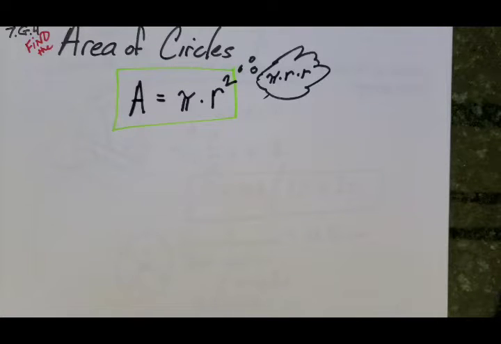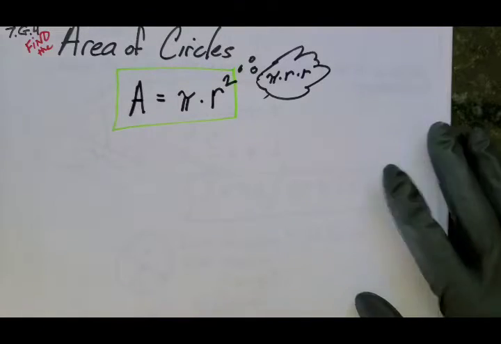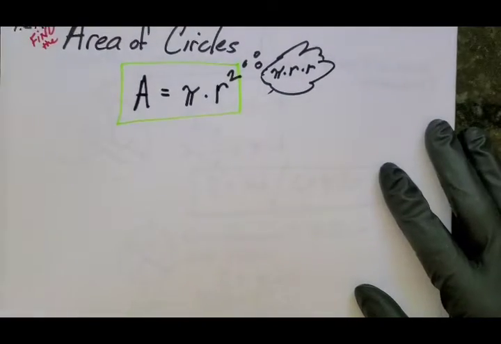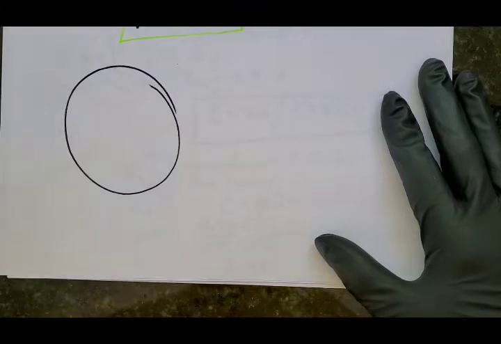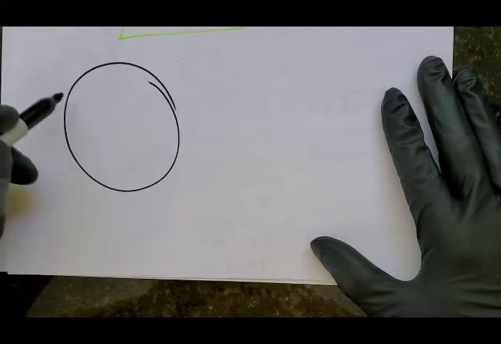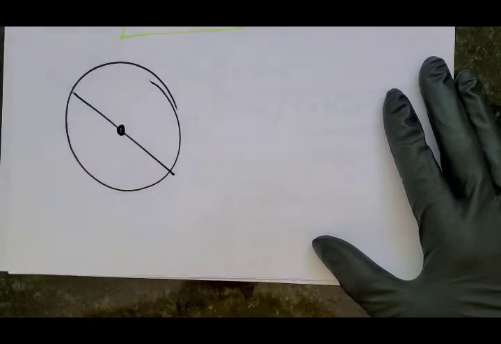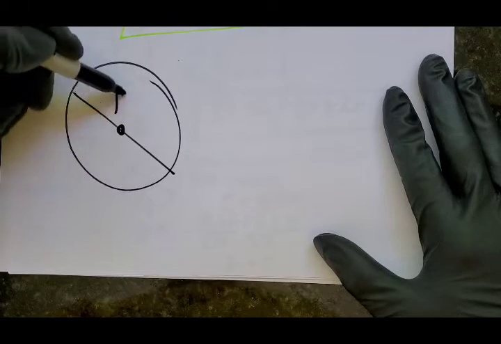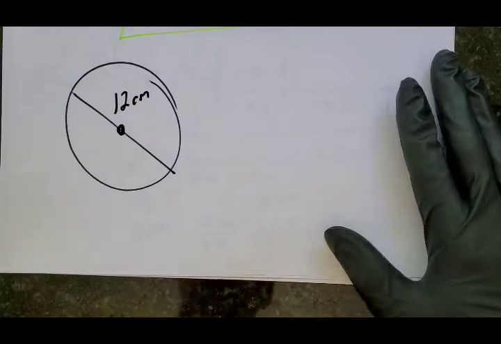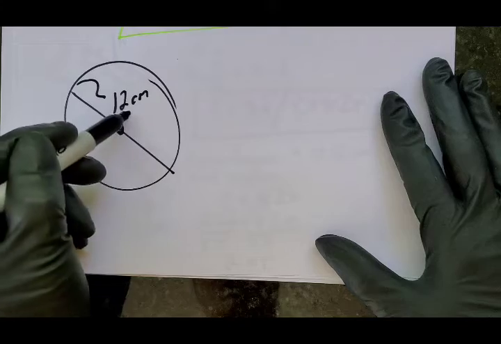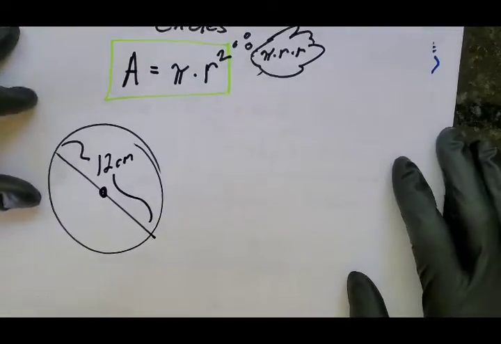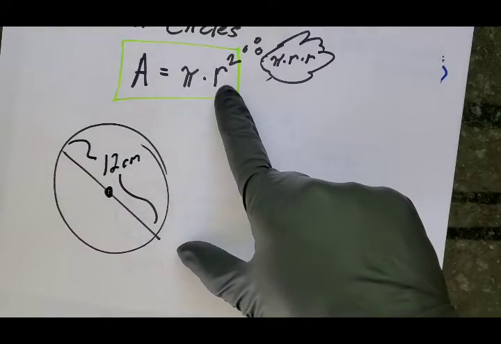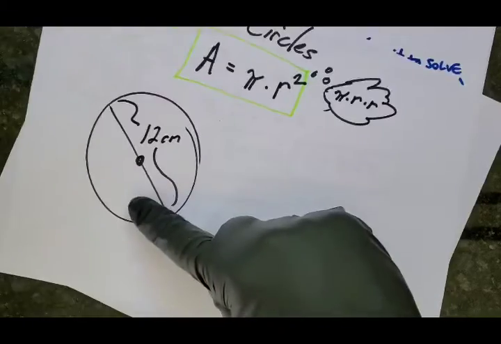All right? So obviously, there's going to be some tricks thrown your way involving the radius. You'll probably, in your career of math, be given a circle possibly with a diameter, let's say the diameter is 12 centimeters, and you'll be asked to find the area of the circle. Well, you're going to have to think a little bit, because if you plug in the diameter into the formula, it's not going to work.